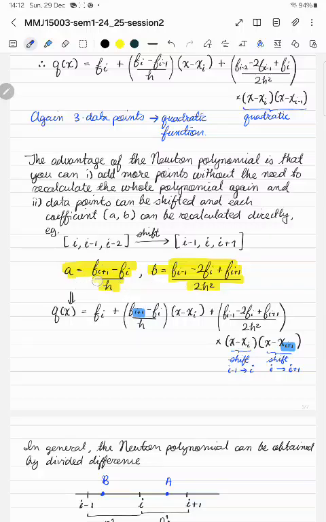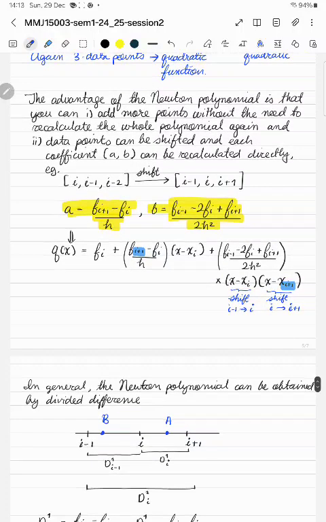So you have a equal f(i+1) minus f(i) instead of f(i) minus f(i-1). And the same goes for b. Instead of f(i) minus f(i-1), you have, no, instead of minus 2 f(i-1), you have 2 f(i). And the same goes here. So instead of f(i), you have f(i+1).